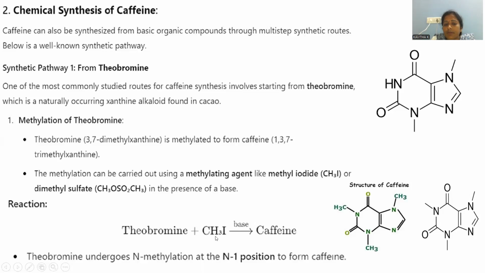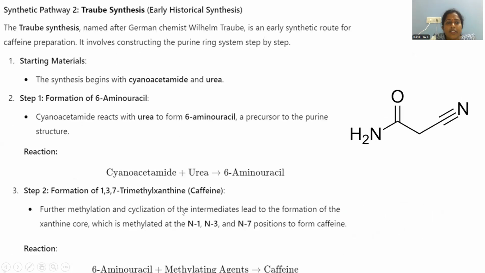A convenient reagent will be methyl iodide under suitable basic, alkaline conditions. For the synthesis of caffeine, the remaining methyl groups are already there, so the only requirement is that one position gets methylated, by means of this theobromine N-alkylation process. This is pathway number 1.